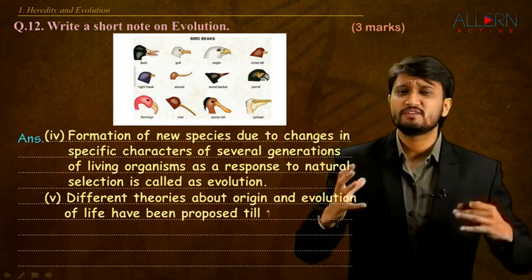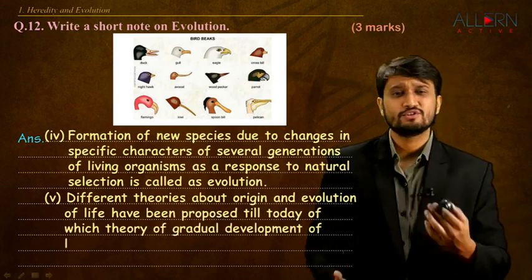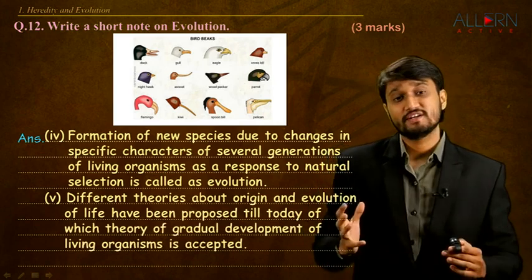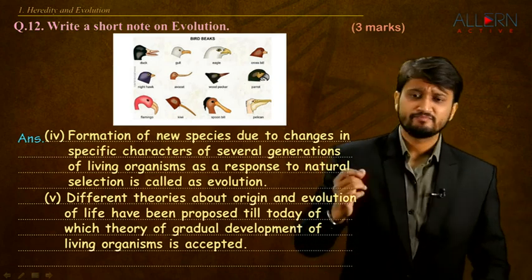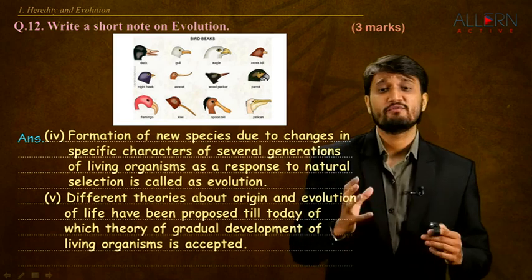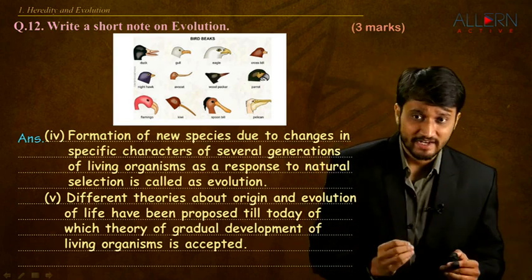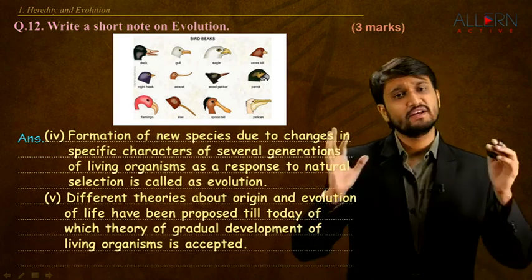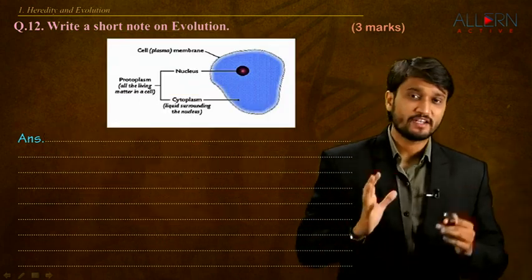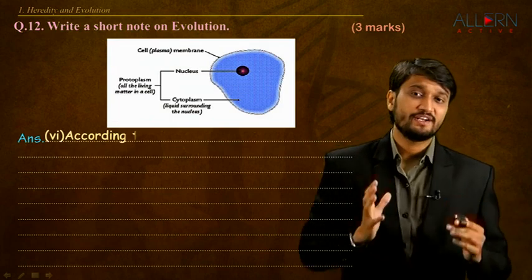Now different theories were put forth for why evolution exactly happens, but out of all those theories, the gradual evolution theory was selected, right? So different theories about the origin and evolution of life have been proposed till date, of which the theory of gradual development of living organisms is widely accepted. That is something that the whole scientific community accepts today.